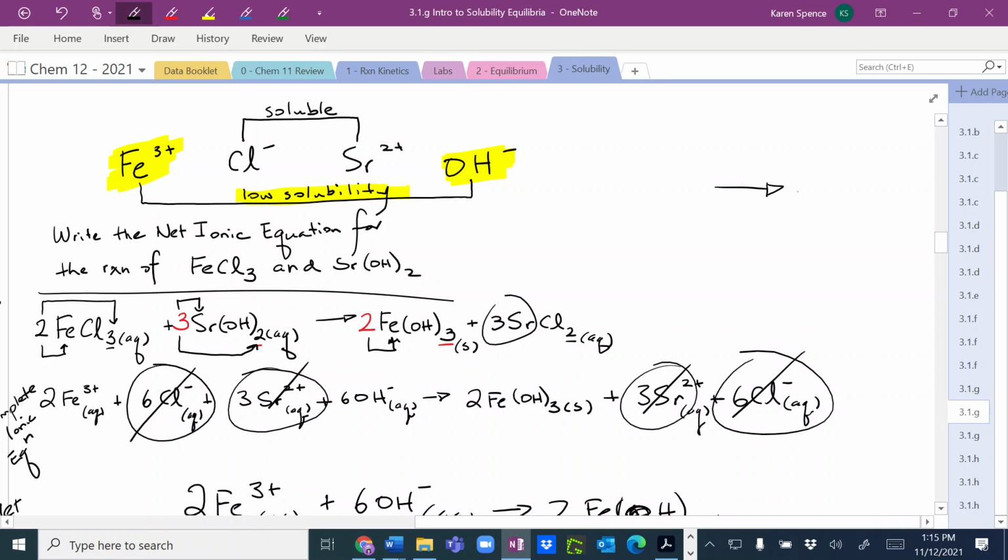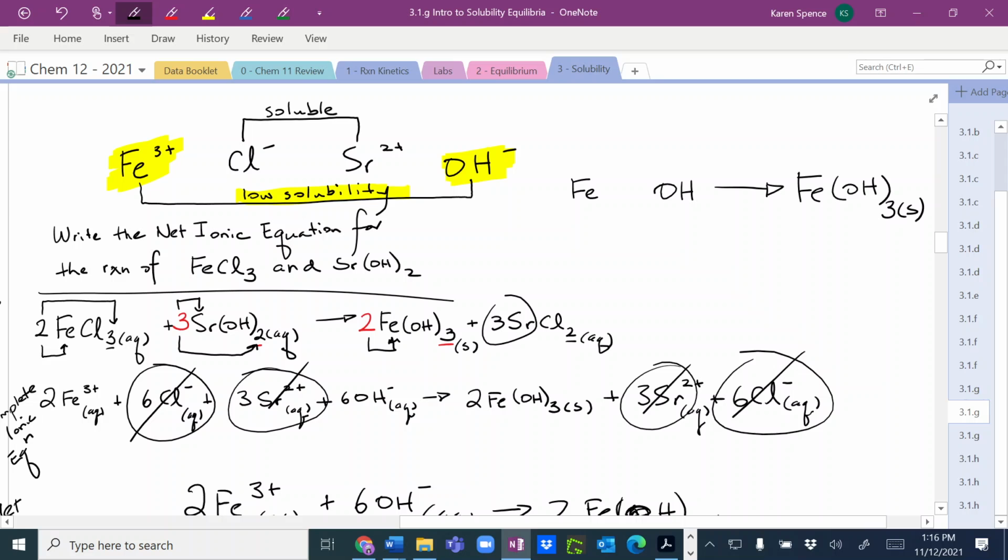So you would say, okay, my product that is low solubility is going to be Fe(OH)3 solid. And now you just ask, what do I need to make that? What ions do I need? I need Fe and OH.